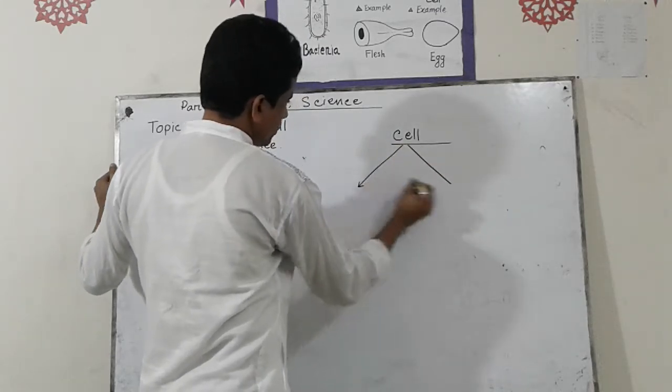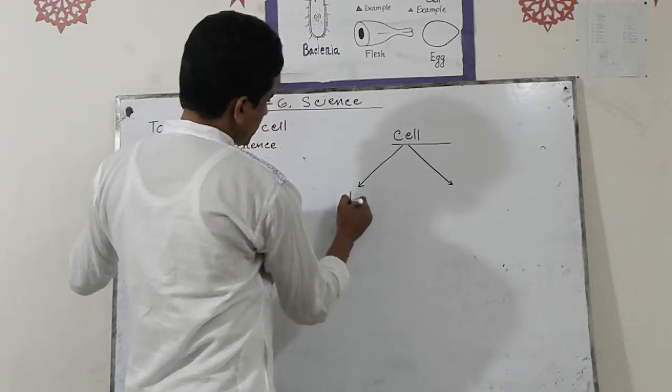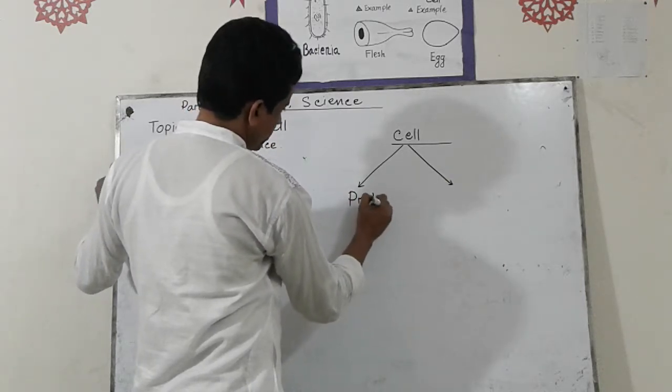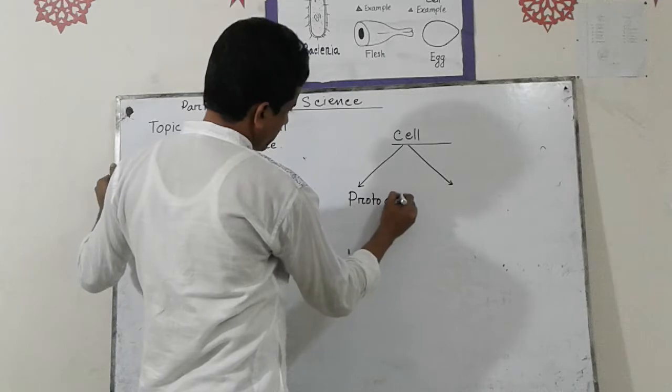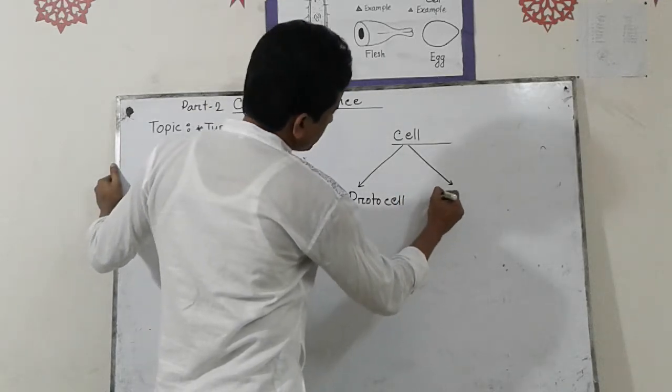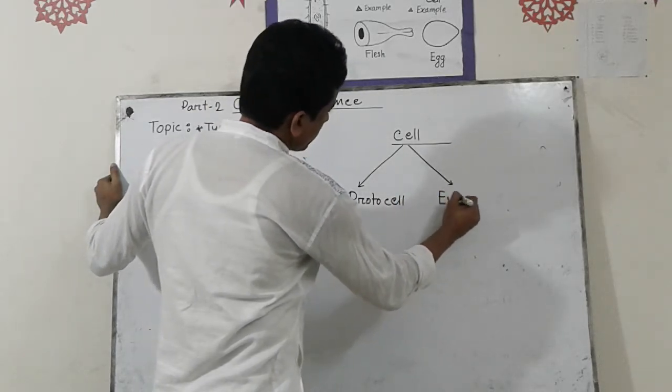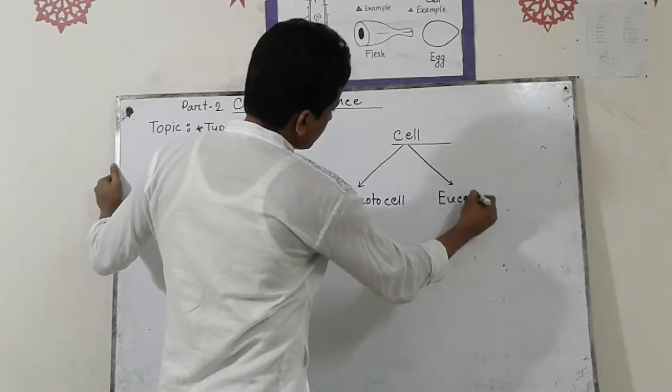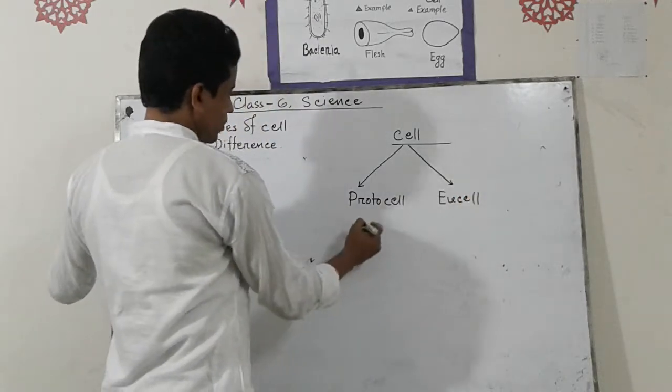One is protocell and number 2 is eucell.